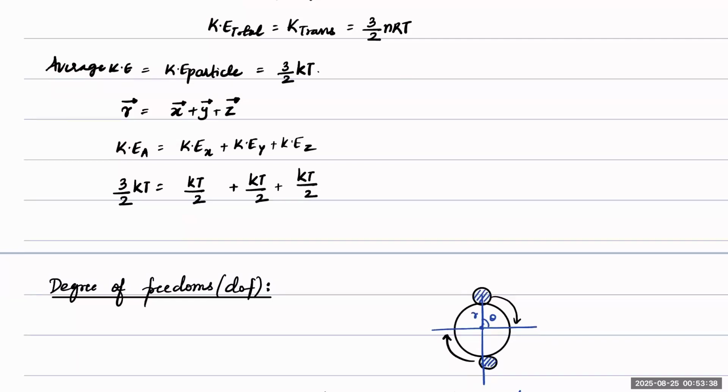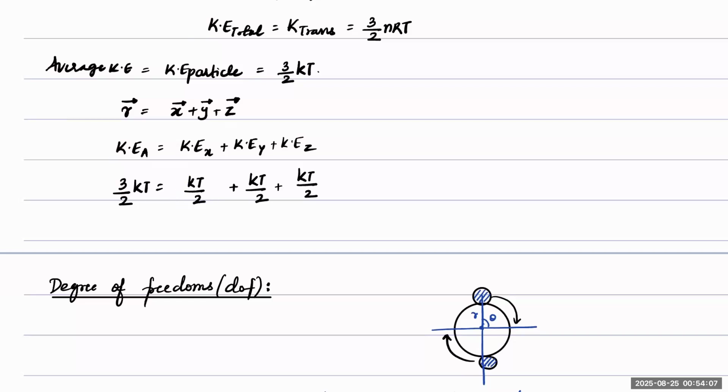And this is what we call equipartition of energy. That means we are assuming that the total kinetic energy is contributing equally in the x component, the y component, as well as the z component.